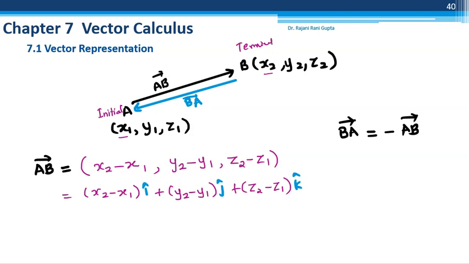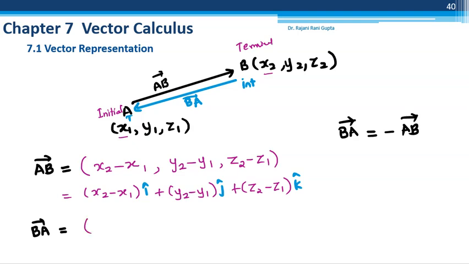Okay? Because when you are finding BA, what will happen? Let's see. If you find BA, what you will do? B will become the initial point and A will become the terminal point. So in this case, what you will be doing?